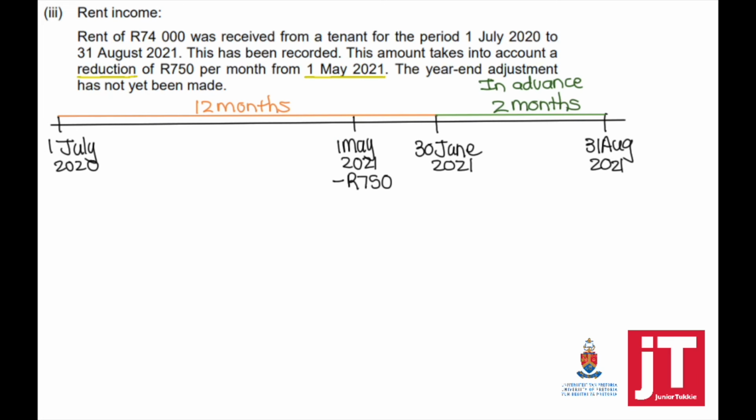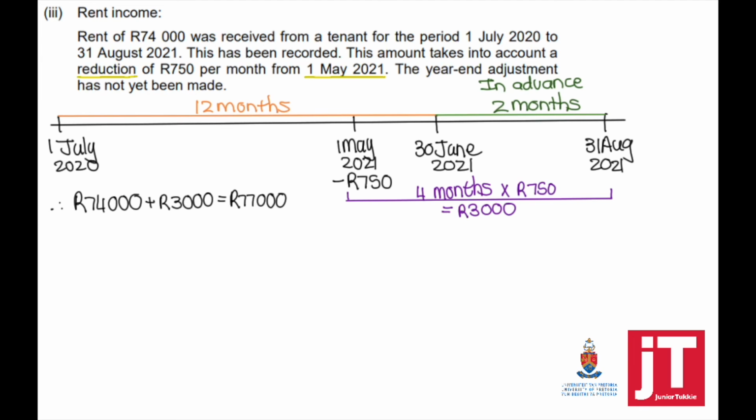So if I look now at my timeline on the 1st of May 2021, it means that for 4 months, the rent was less 750 Rand. So to find out what was the total amount, we're going to say 4 times 750, which equals 3,000.